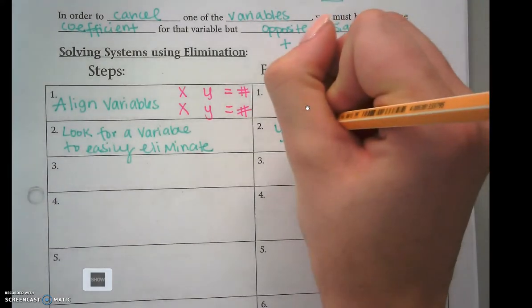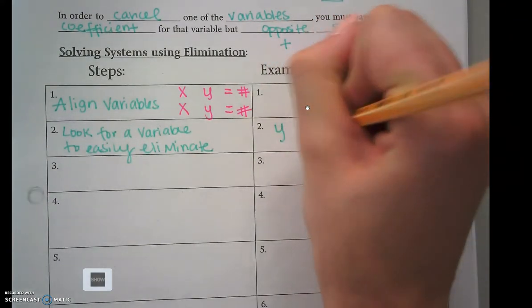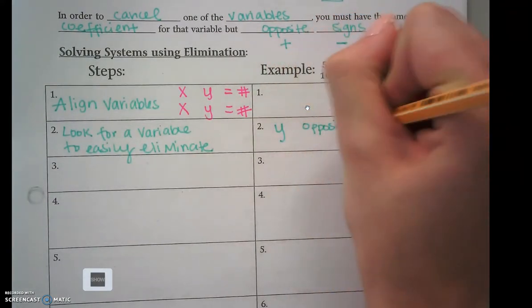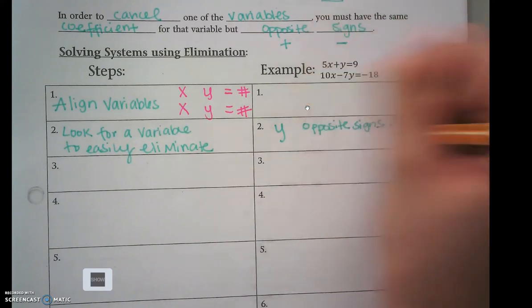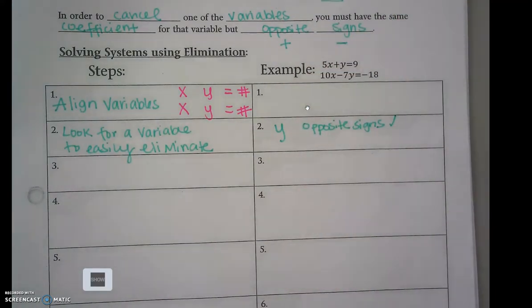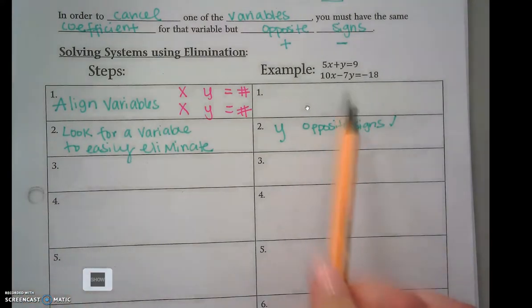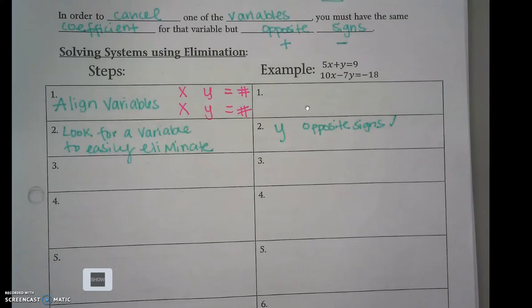I have opposite signs, which is good. However, I'm missing one of my conditions. I don't have a 7 in front of each of those y's. But this is where this comes into play. Our next step, in order to truly let these eliminate, is we need to determine how to.